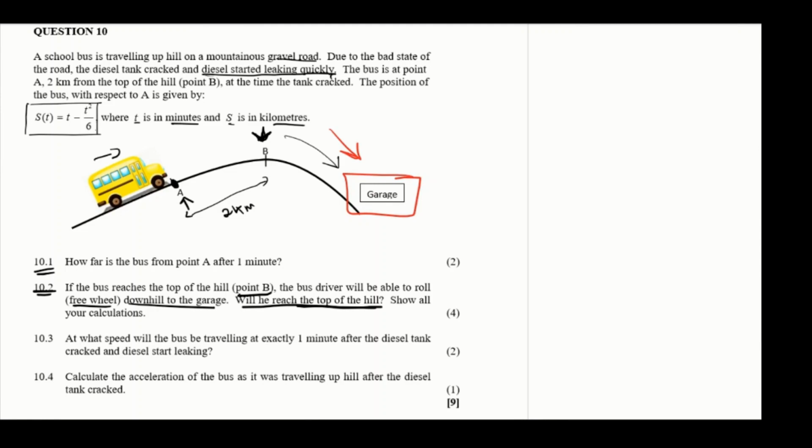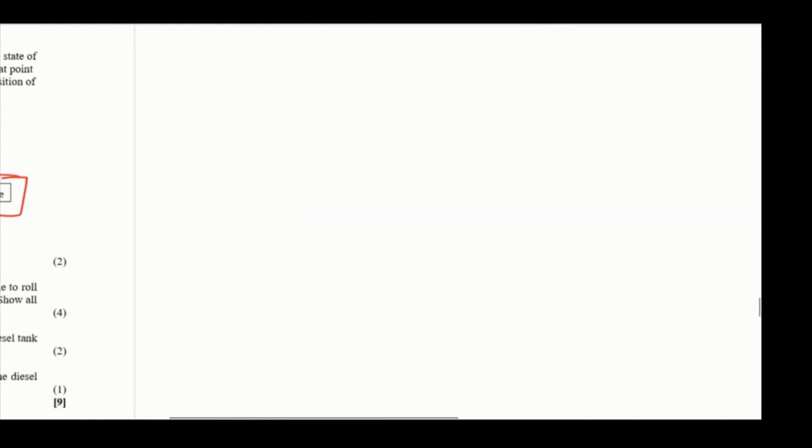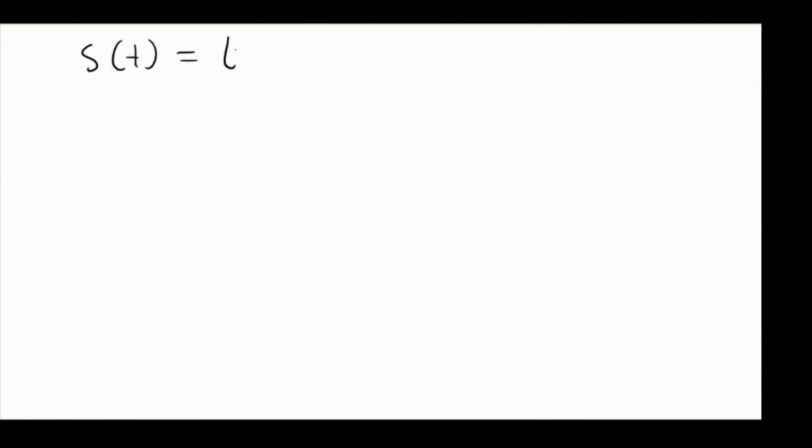So the first thing we're going to do is use the equation that defines the position of the bus at A, which is s(t) = t - t²/6.